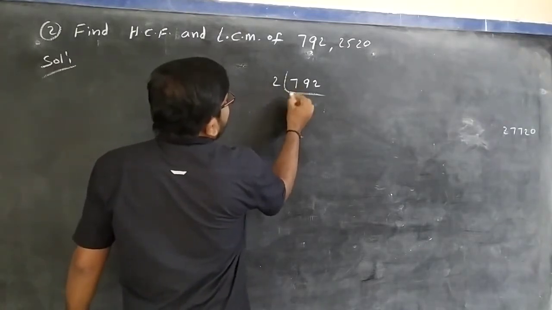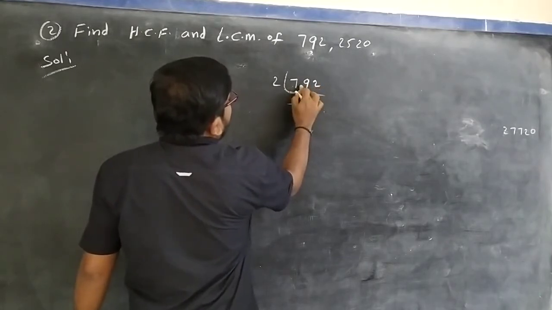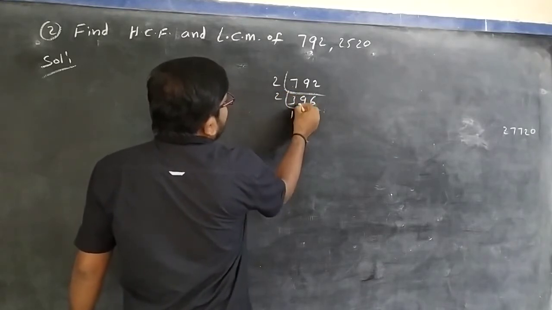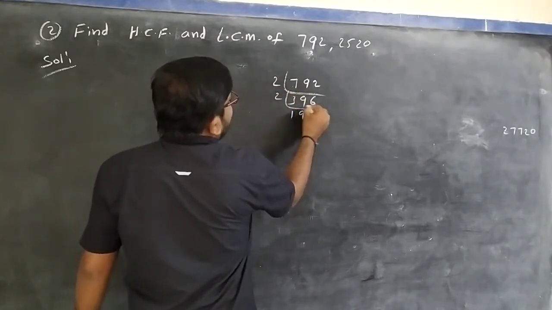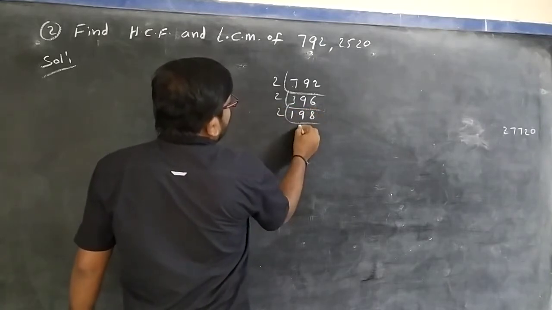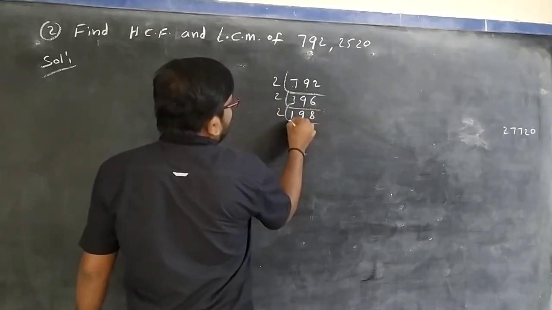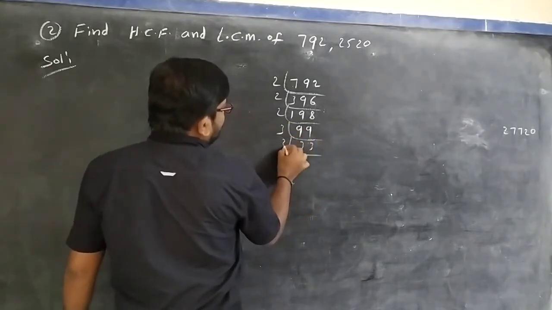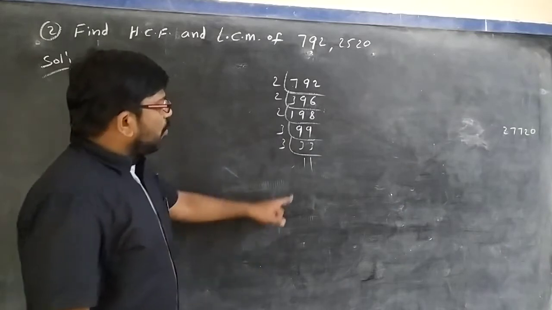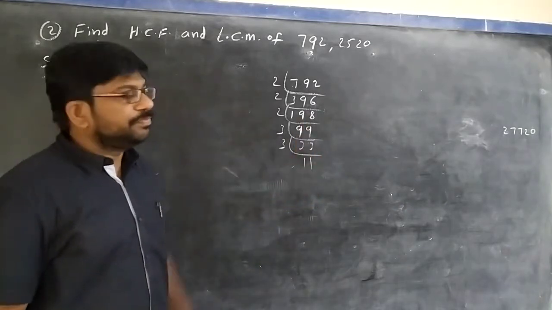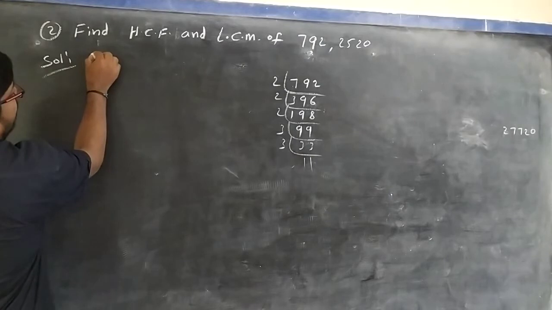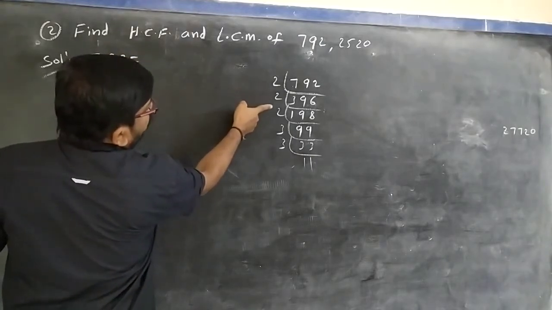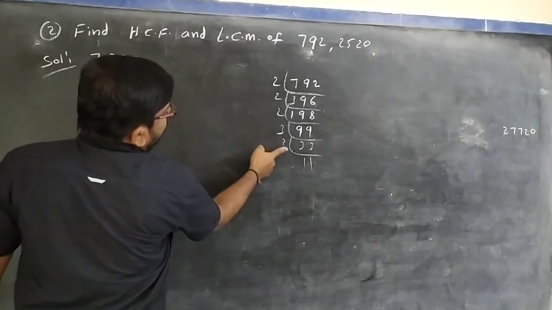Dividing 792 by 2 repeatedly gives 396, 198, 99. Next, 3 threes are 9, 3 thirty-threes are 99, and next 3 elevens are 33. 11 is a prime number. Stop. So 792 is equal to 2 into 2 into 2 into 3 into 3 into 11.